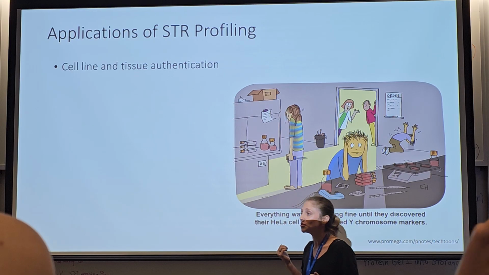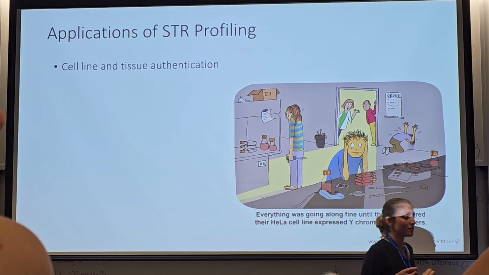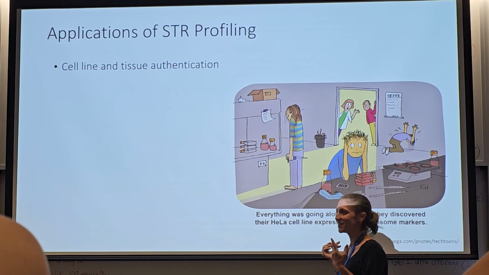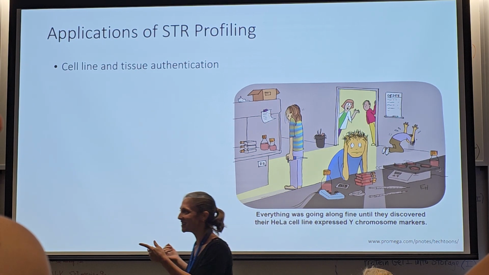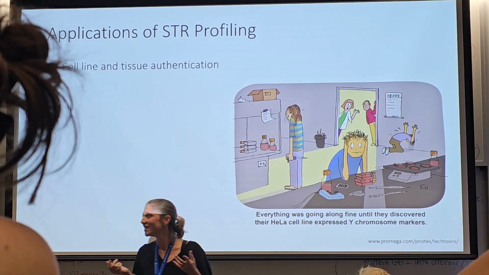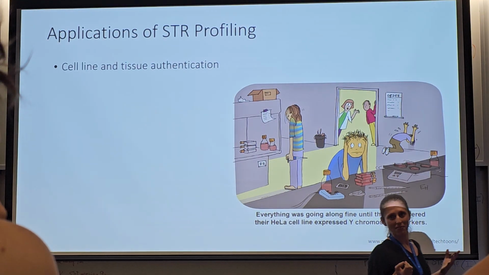So this little cartoon is referring to a point in time when... so why is this kind of a funny joke? Right, have we all heard of HeLa and Henrietta Lacks? Yeah.